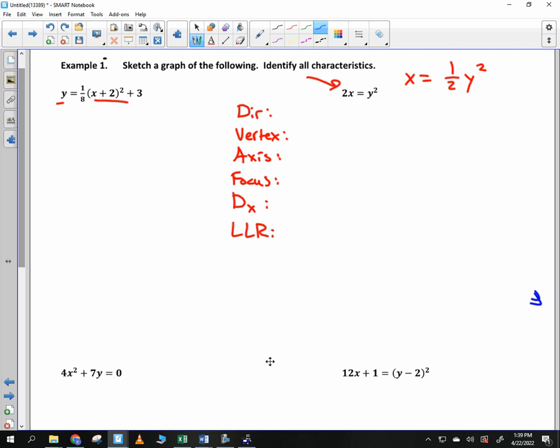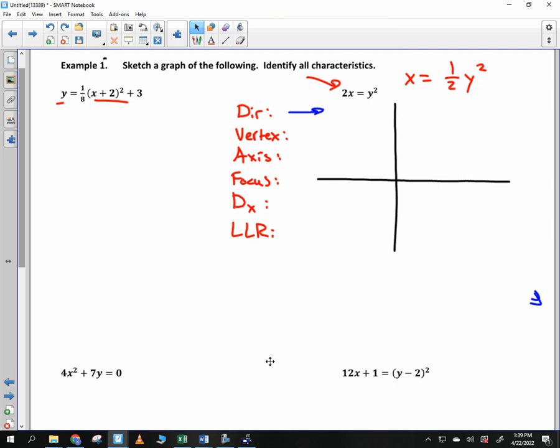All right. Direction, up, down, right, or left. What do you got? Goes to the right. Who can tell me what the vertex is? (0, 0).